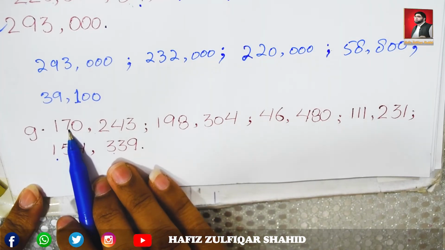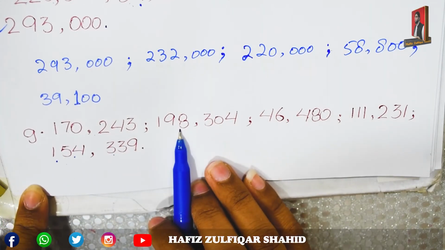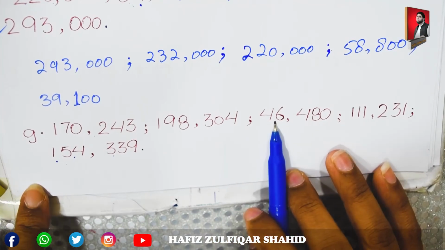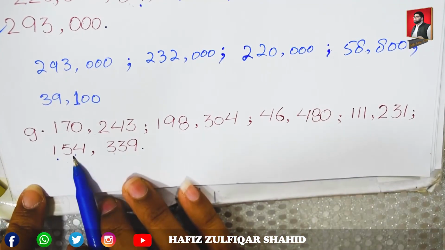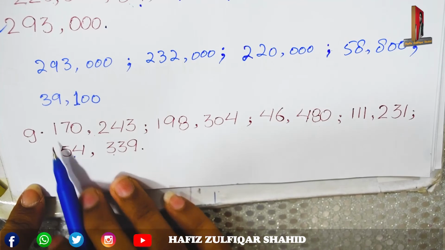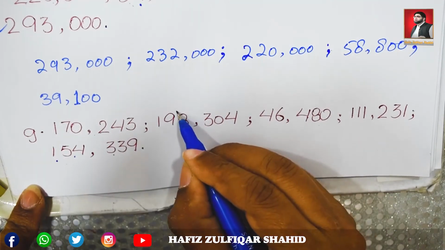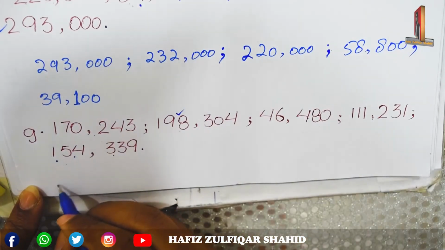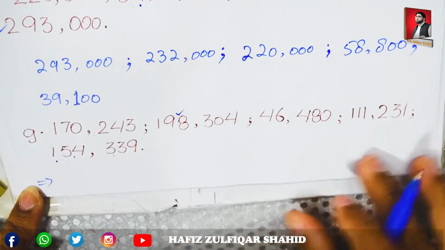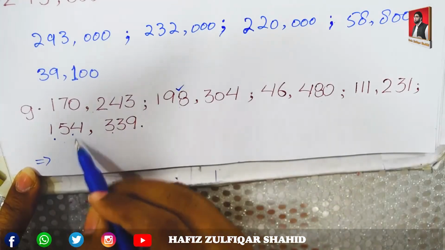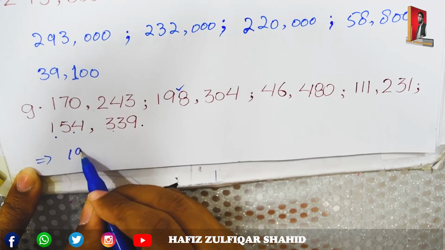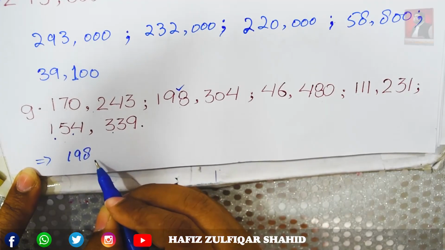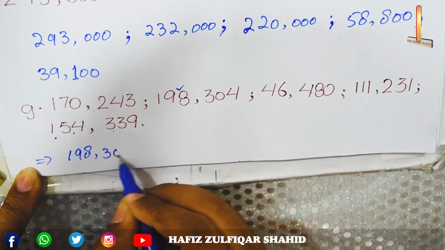Here we have 70,000, here we have 98,000, 46,000, 11,054. Which is the largest? 98. So first we will write 198,304.